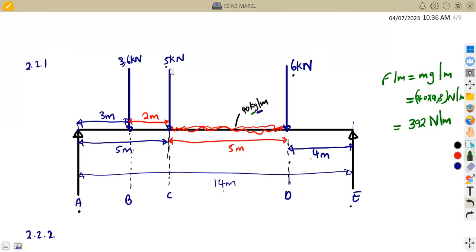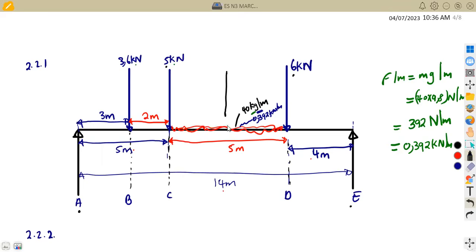But these other forces are given as kilonewtons. So what are we going to do to express this in kilonewtons? We're going to divide by 1,000. That's 0.392 kilonewton per meter. So meaning to say here, we are given a distributed load of 0.392 kilonewton per meter.